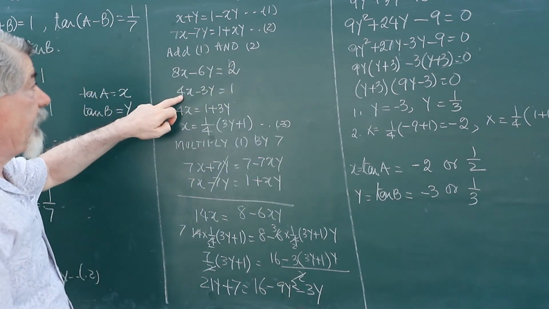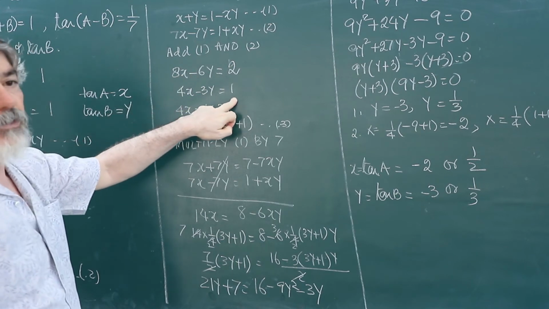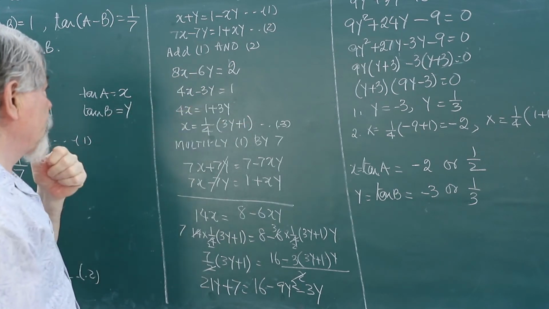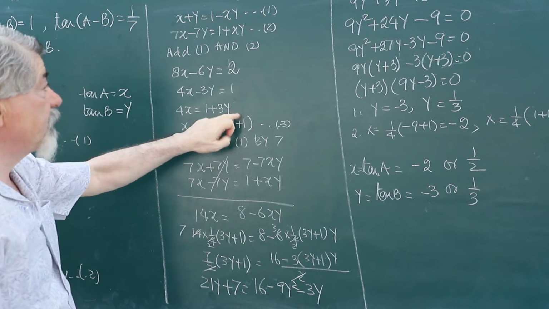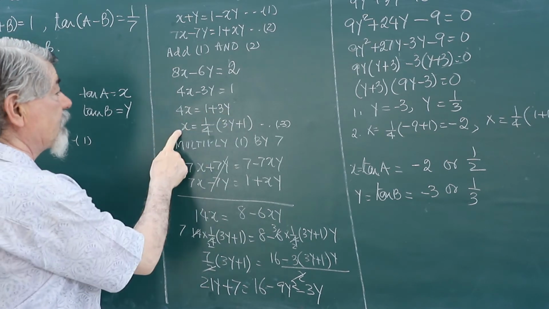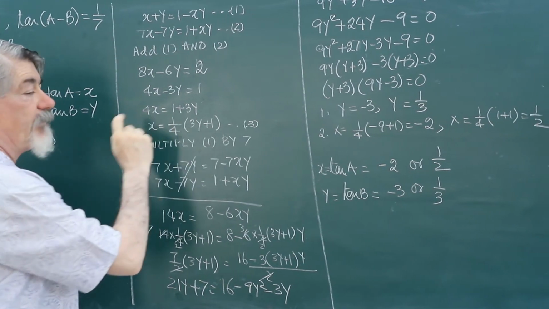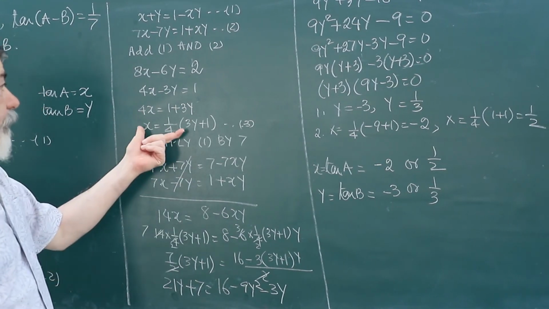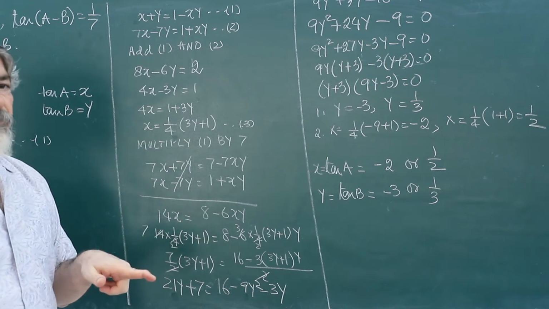So 2 4s are 8, 2 3s are 6, and 2 1s are 2. So 4x will be 1 plus 3y, and x will be equal to 1 upon 4 (3y plus 1). So we got value of x in terms of y.